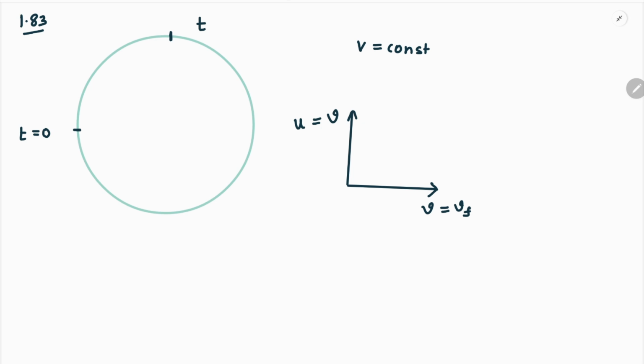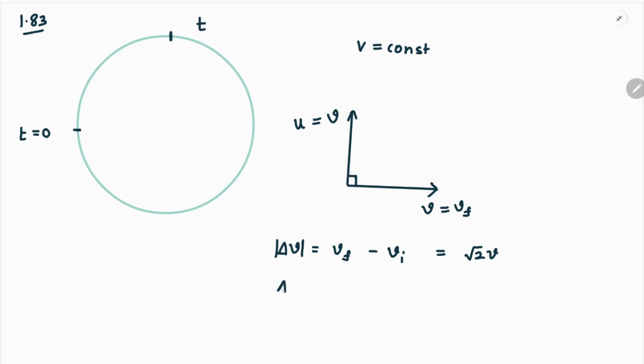And over here, if we think in terms of the change in velocity, final minus initial will give us the change in velocity. So delta v is equal to v final minus v initial. Since both these magnitudes are the same, equal to v, we write this magnitude as root 2 v.